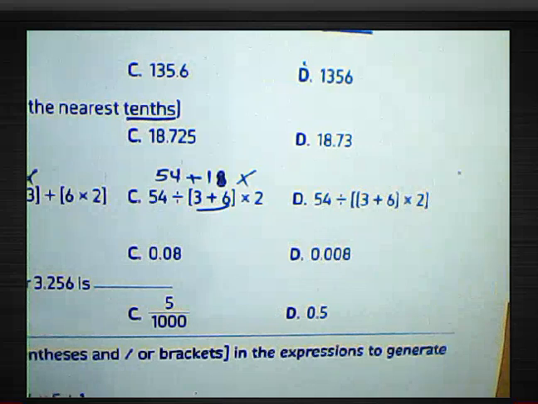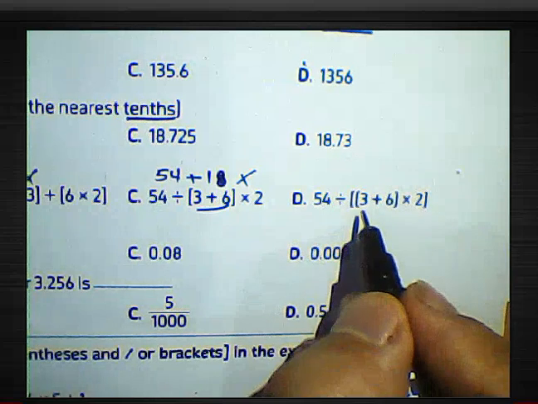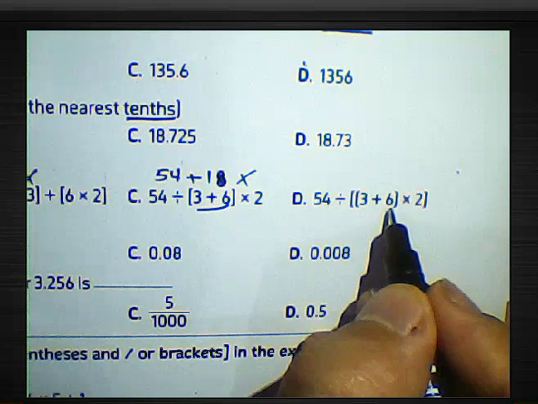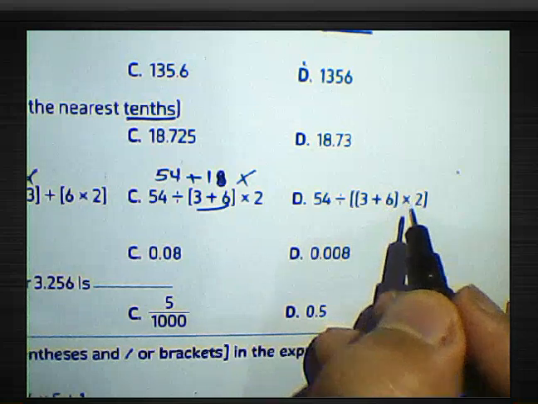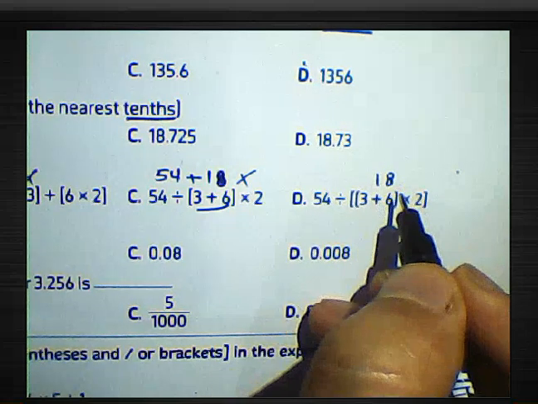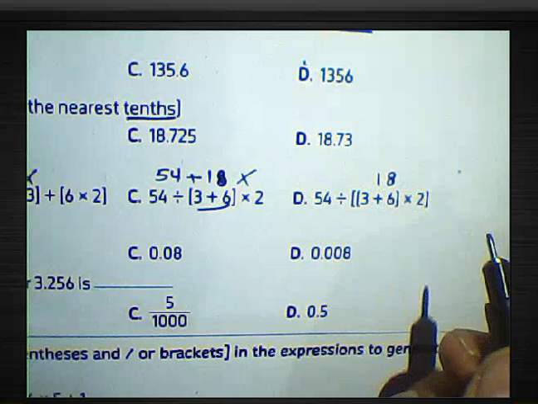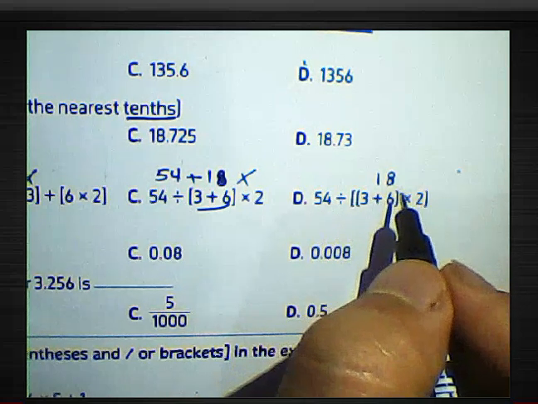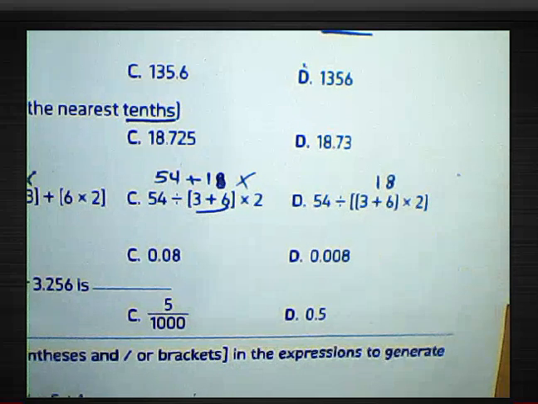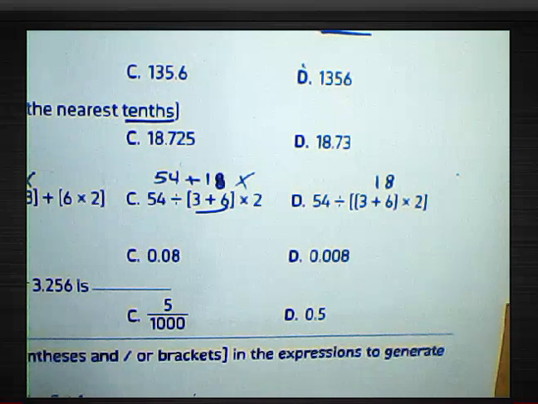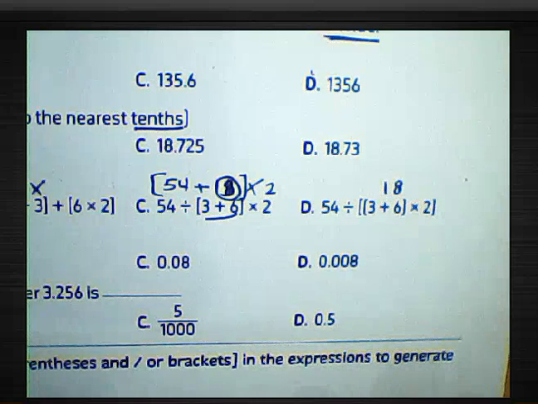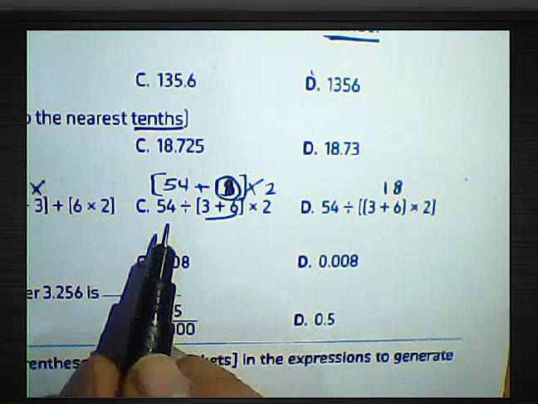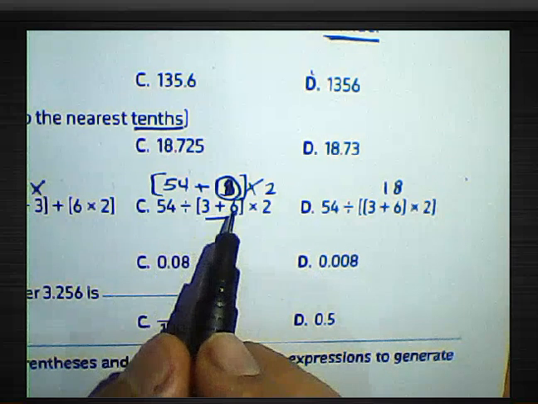Look at letter D. Here, 3 plus 6 equals 9. 9 times 2 equals 18. 54 divided by 18. Look at here, letter C. 54 divided by 3 plus 6 equals 9.